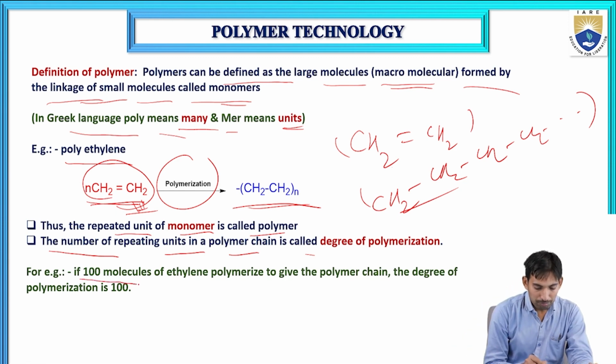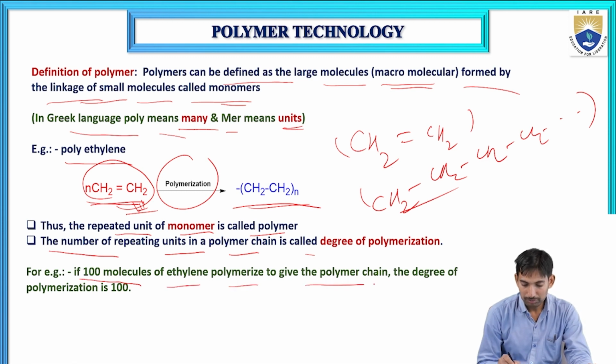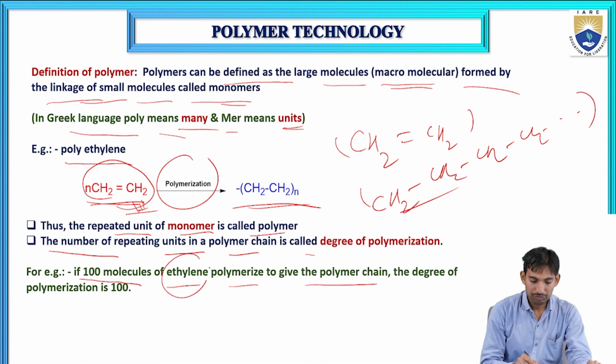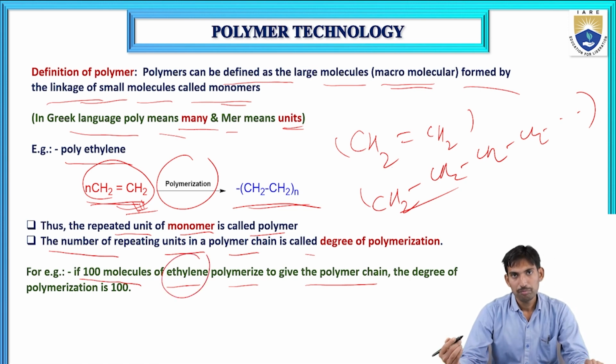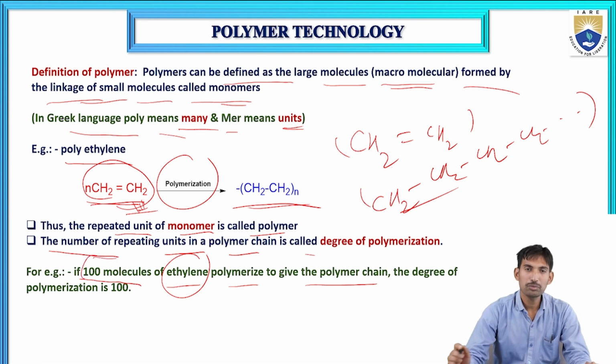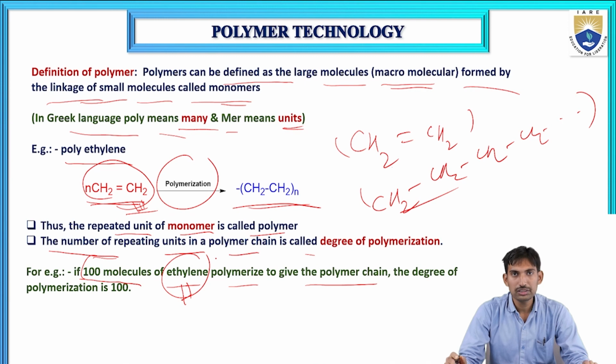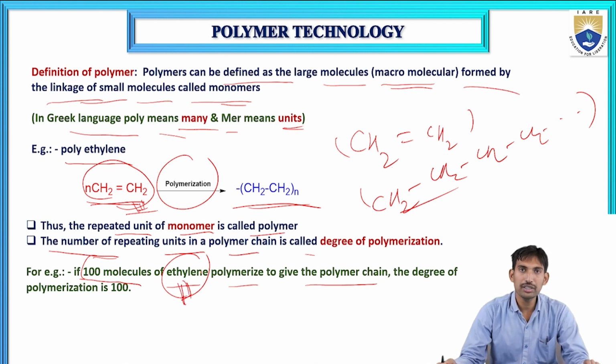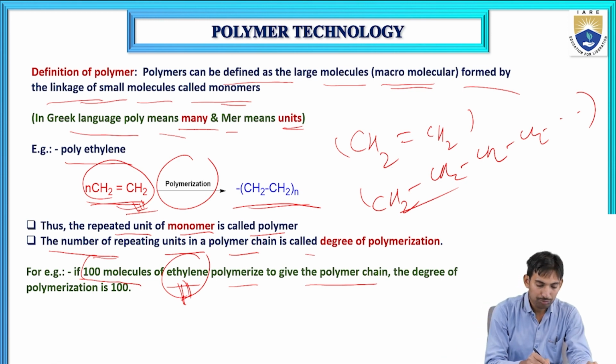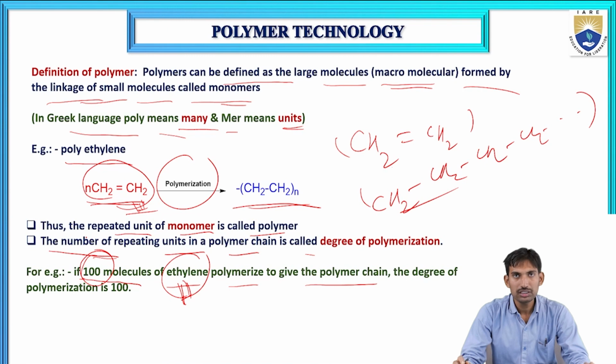For example, if 100 ethylene molecules link together to form one polymer, the ethylene monomer is repeated 100 times. So the degree of polymerization is 100.